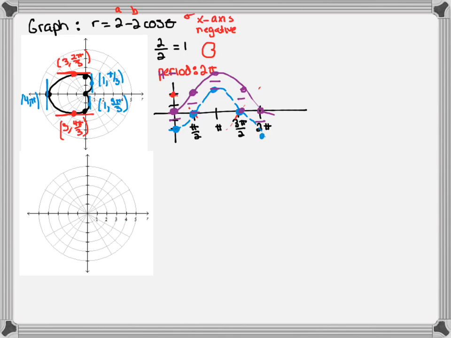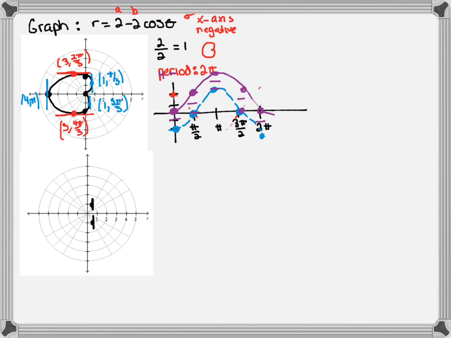So let's draw our tangents first. So the first tangent was at 3, 2 pi over 3. So at 3, 2 pi over 3, I'm going to have a horizontal line. At 1, pi over 3, I'm going to have a vertical line. I'm also going to have a vertical line at 5 pi over 3.